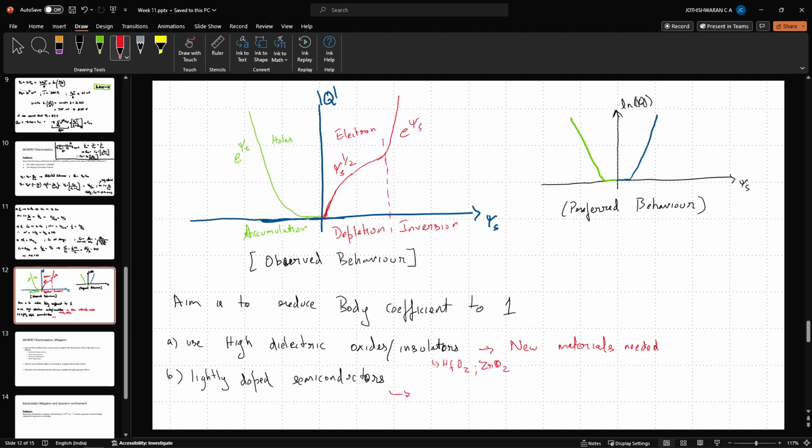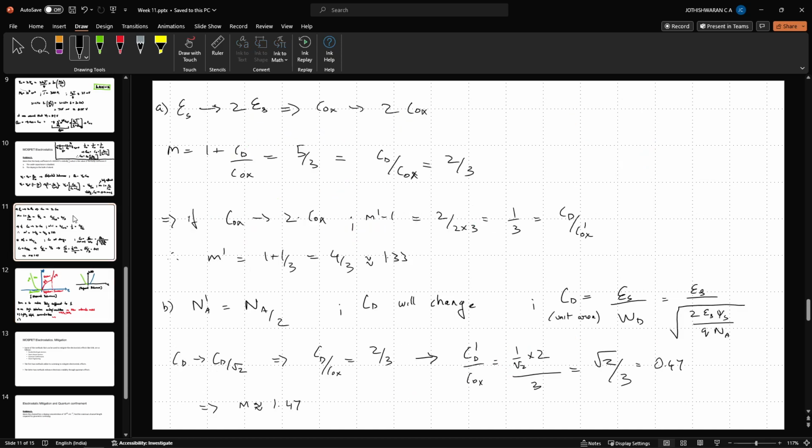The drawback with using lightly doped semiconductors, although this seems to be good, and there is also a third method that I discussed offhand. Remember, I said this: Tox tends to Tox by 2 implies Cox tends to Cox by 2.